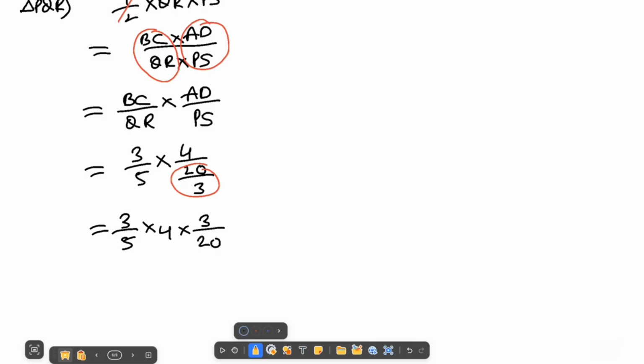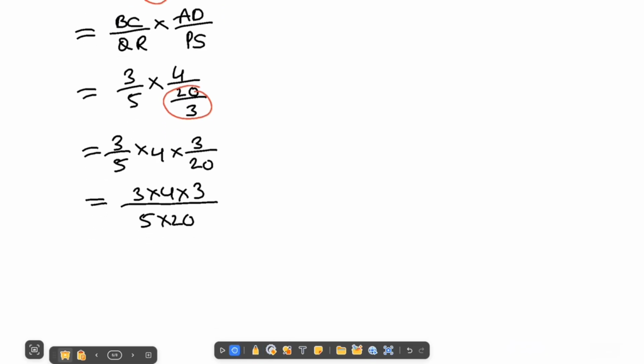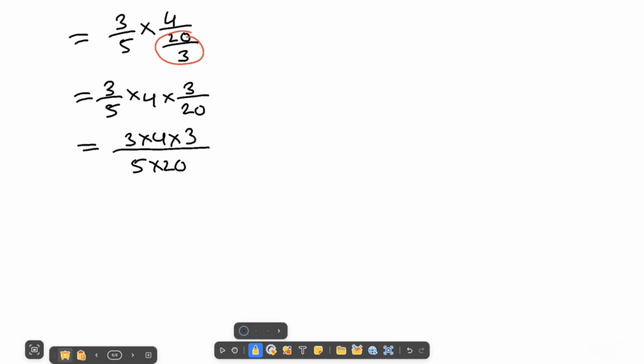Now let's rewrite like this: multiply all the numerators, 3 into 4 into 3, and the product of denominators, 5 into 20. Now do cancellations if possible. 4 fives are 20, so 4 cancels with 20 leaving 5. 3 into 3 is 9, 5 into 5 is 25.